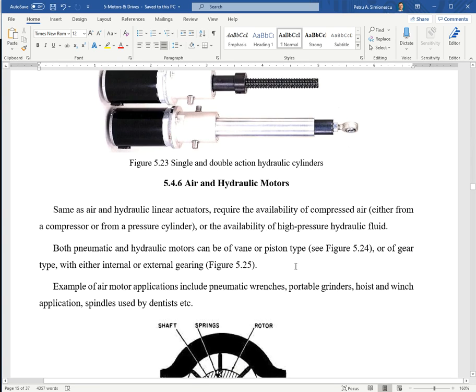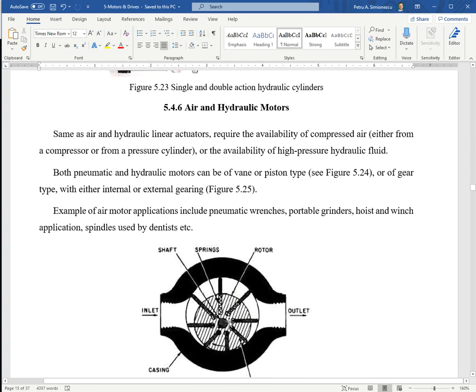Okay, air and hydraulic motors. You have a flow of pressurized air or hydraulic fluid, oil, and it rotates a rotor continuously.